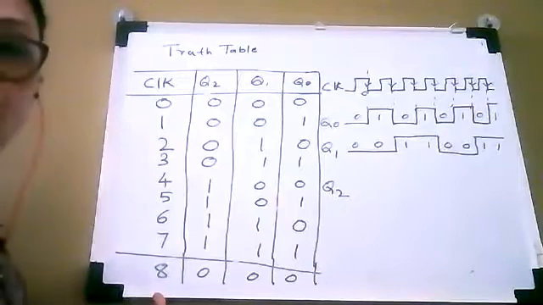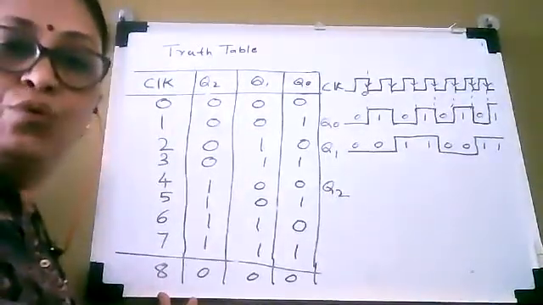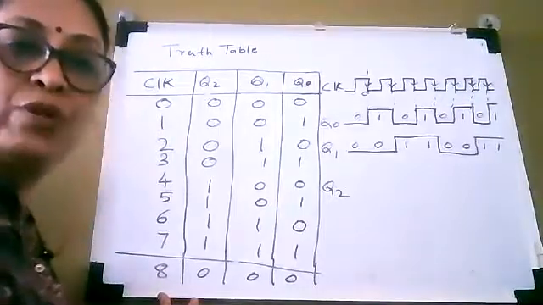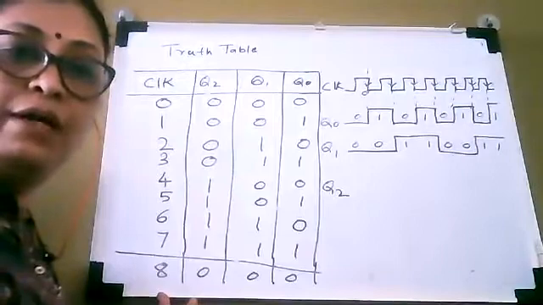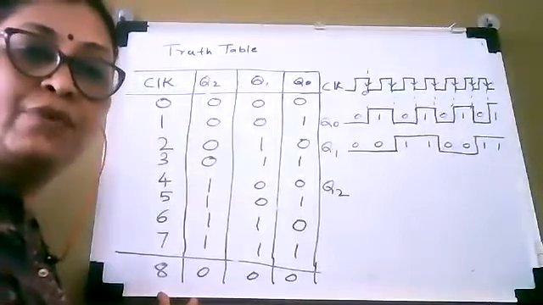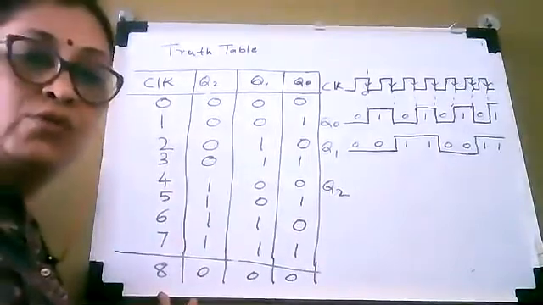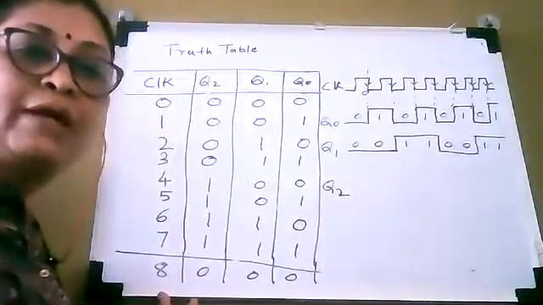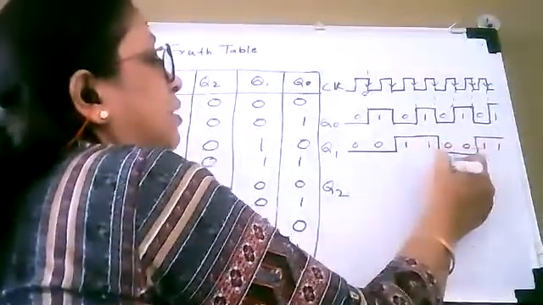Now we are going to draw the waveform of Q2. So now if you observe Q2, for 4 clock pulses it is 0, and thereafter for 4 clock pulses it is 1. And again after 4 clock pulses it is making a transition. So it takes 4 clock pulses to make a transition. So that is what we have to draw here.